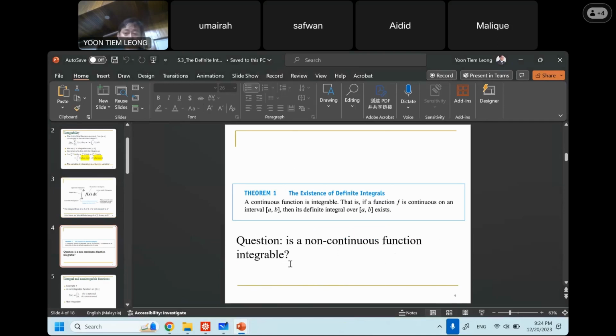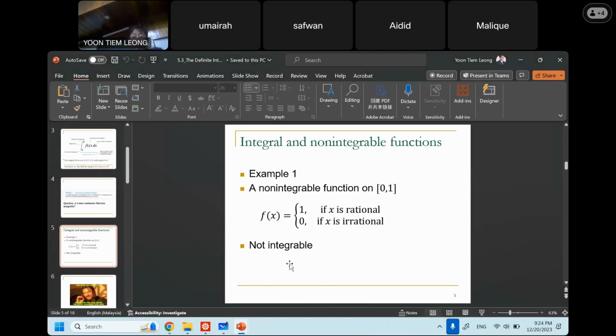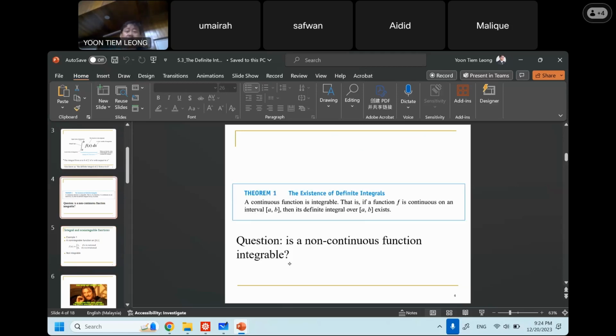Okay. So then we go to this very important theorem. It says if you have a function which is continuous between a and b, then it is guaranteed that the function must be integrable. Right? Not all functions are integrable within an interval. For example, this kind of function, which is very weird, is not integrable because it is not continuous.